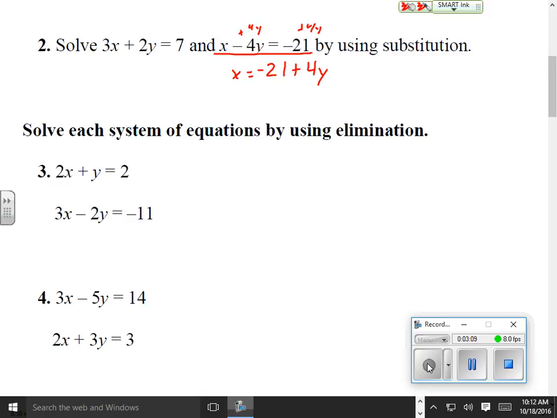So I take that and I go back to the first equation, and instead of x, I'm going to put negative 21 plus 4y plus 2y equals 7.